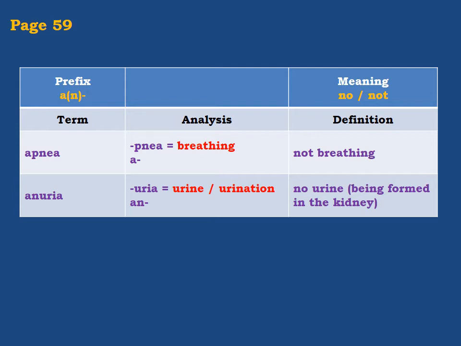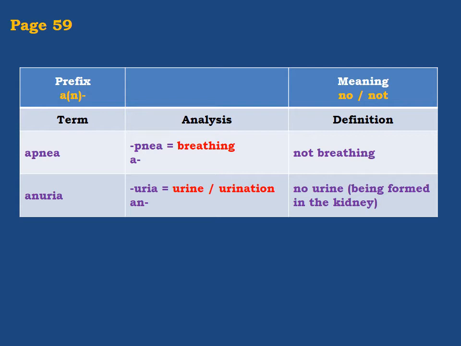All right. The next term, anuria. Why did we use an here? Because uria starts with u, which is a vowel. So we used an, but in the first one, the suffix starts with a p, which is a consonant.